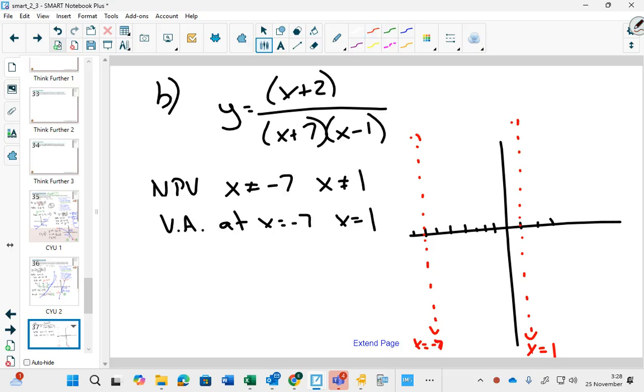And in this situation, oblique asymptote or horizontal asymptote, this is group 3. The degree is now bigger on the bottom. So we're going to have a horizontal asymptote at y equals.